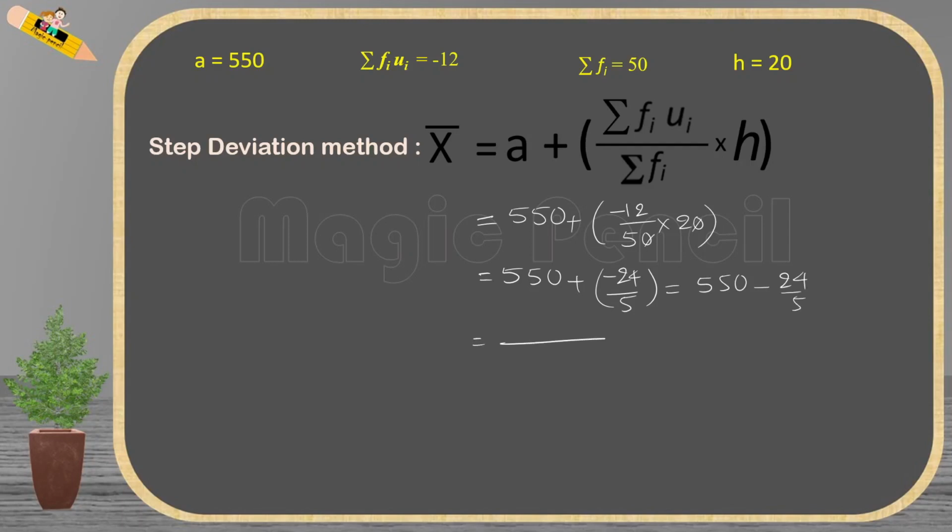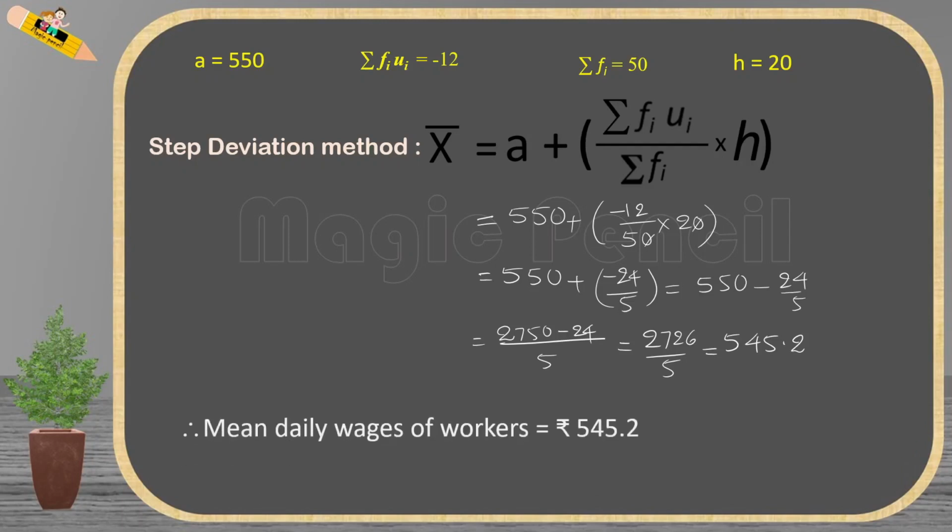And if you take LCM, that is 5, you need to multiply 550 into 5, you will get 2750 minus 24. And after subtraction, you will get 2726 by 5. And if you divide this number with 5, you will get 545.2. So this is the mean using step deviation method.